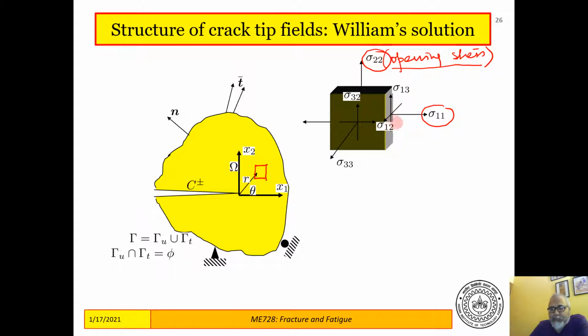Again, sigma 12 is... this should be sigma 13. This sigma 12 and sigma 13 has got interchanged, so this is sigma 12, this is sigma 13. So sigma 12 is like this.